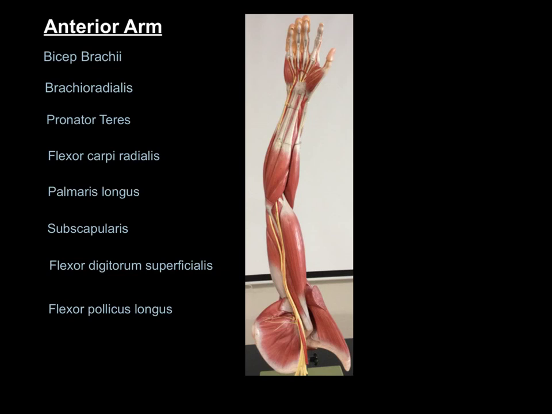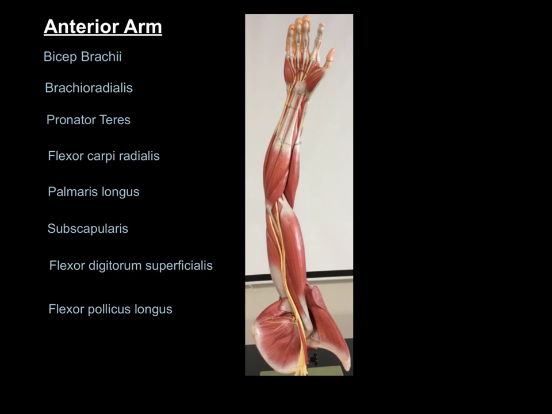Now on this side of my arm, if I think about what these muscles do, they help me kind of curl my fingers in or bend my wrist towards my forearm. And when I do that action of bending my wrist, that's called wrist flexion. Remember, to flex is to decrease the angle. So this muscle is going to flex my wrist, and it attaches at the radial side of the wrist.